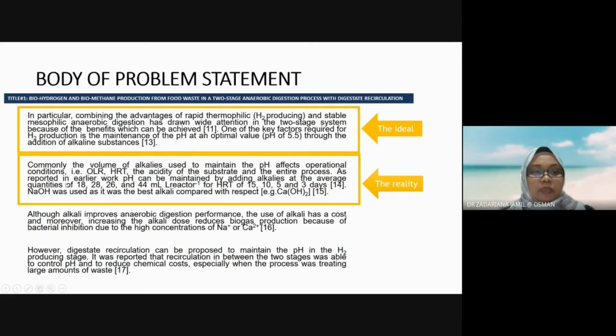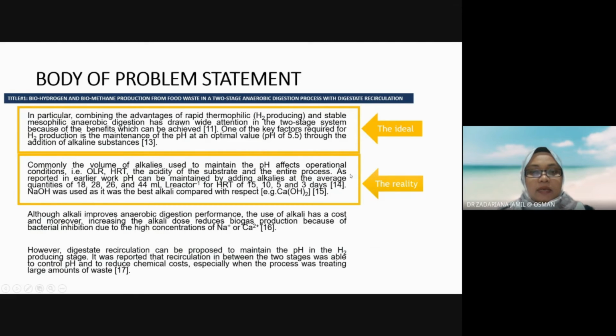As reported in early work, pH can be maintained by adding alkalis at the average quantities of 18, 28, 26, and 44 milliliter per liter reactor for HRT of 15, 10, 5, and 3 days. So sodium hydroxide was used as it was the best alkali compared with respect to calcium hydroxide. So this is the reality.